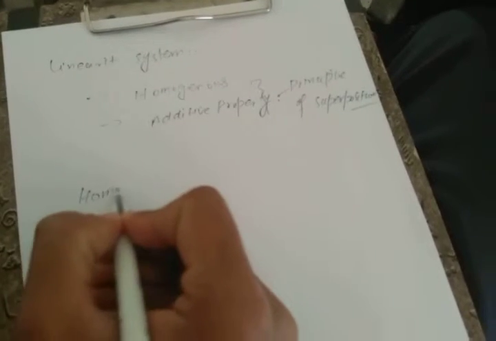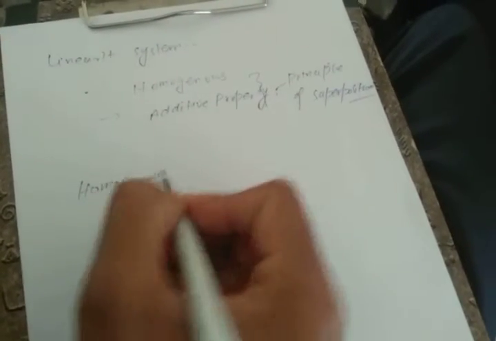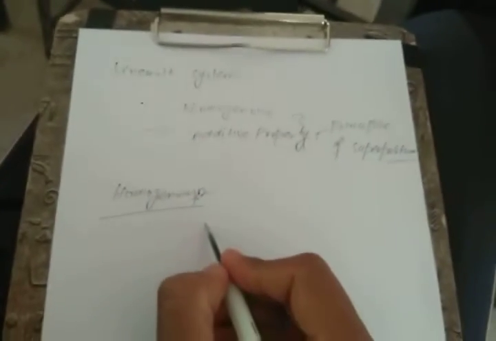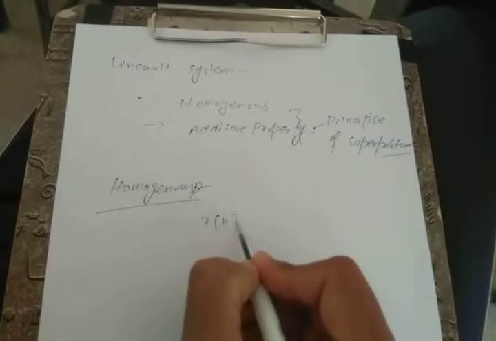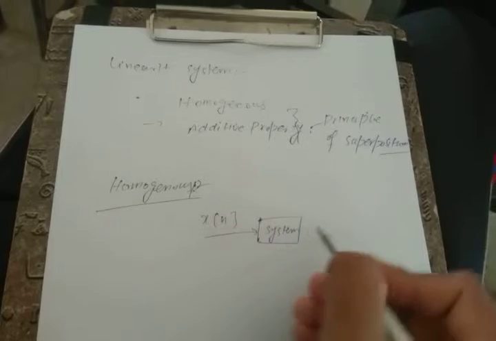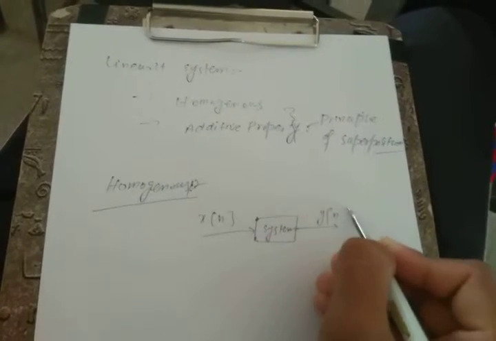This is called the principle of superposition. First of all, we discuss the homogeneous property. If we have the system with input x of n, it gives us the output y of n.